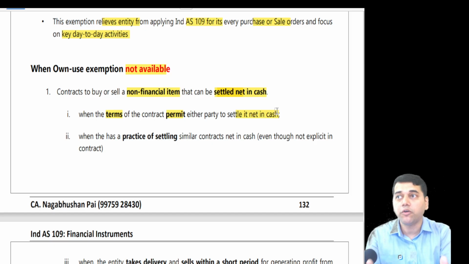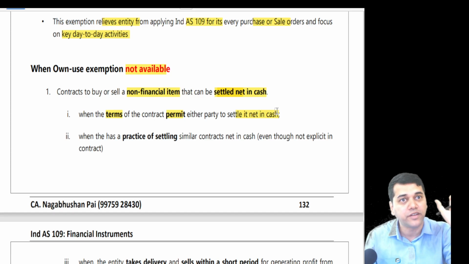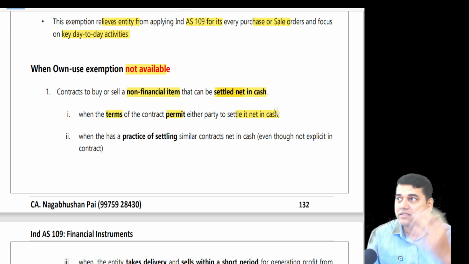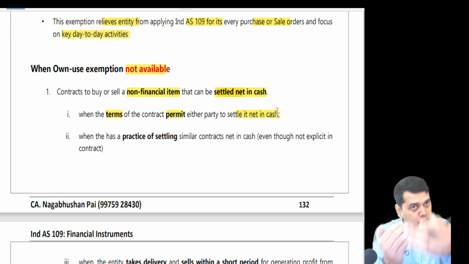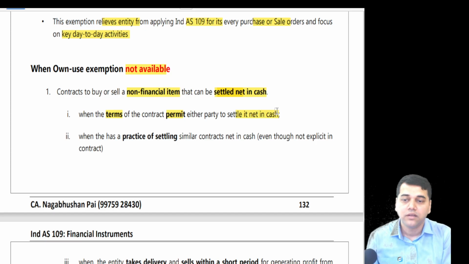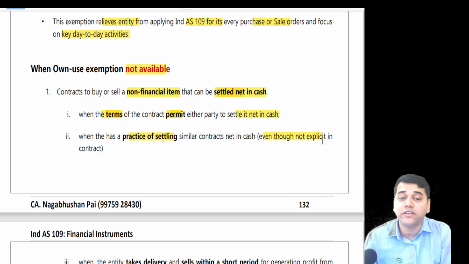I'll give you an option and I also have an option. We will settle net in cash. That means, if you don't come, I will travel by taking somebody's rickshaw, you pay me that differential. Followed, no? This type of contract you don't enter into, no? You say either come or don't come, that's it. So your terms should permit it, or there is a practice of settling net, even though it is not explicit.